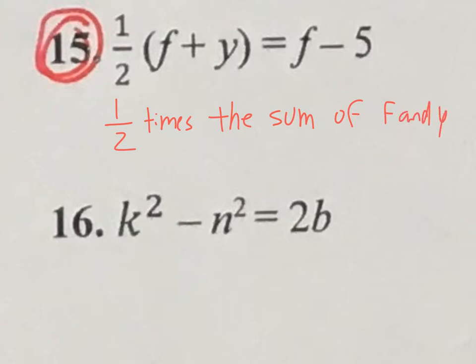And then you could say equals, you could say is, or is equal to, or is exactly the same as, or is identical. All those different words mean equal. I'll just put equals what? F minus 5, right?